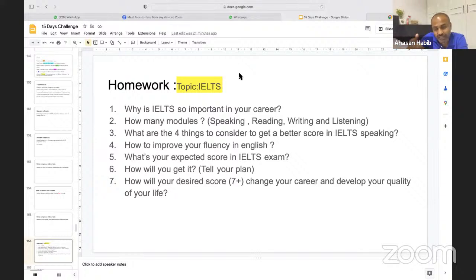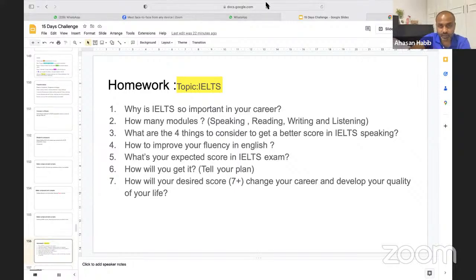However, right now I can tell you that I'm gonna finish this course, then I'll jump into IELTS preparation course with Hassle-Free Education, and this is how I'm gonna get 6.5 in IELTS, right? So how will your desired score change your career and develop? Okay, so tell that. If I get 6.5 in IELTS, first of all, I'll be able to get a preferred course like HRM, and this is how I'm gonna do it, right?